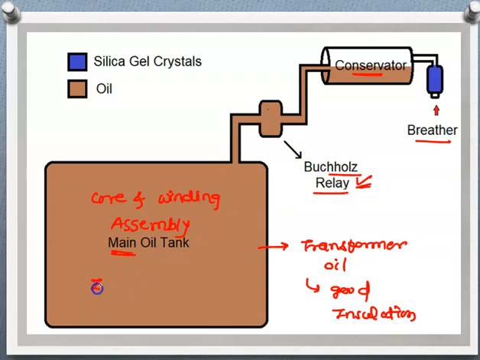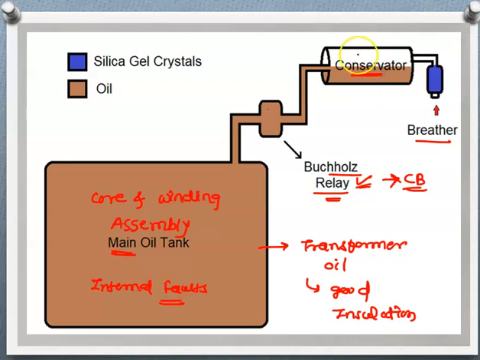In case of internal faults such as insulation breakdown or short circuit in the winding, these faults are sensed by this relay, and when these faults happen, this relay will activate a signal to the circuit breaker, and the circuit breaker opens the contacts. That means this transformer is disconnected from the supply in case of these internal faults, so that the whole assembly can be protected from damage.